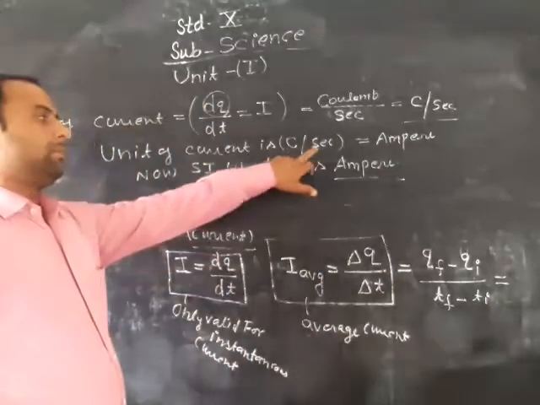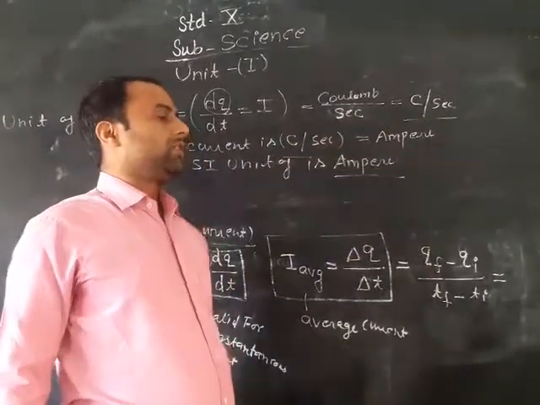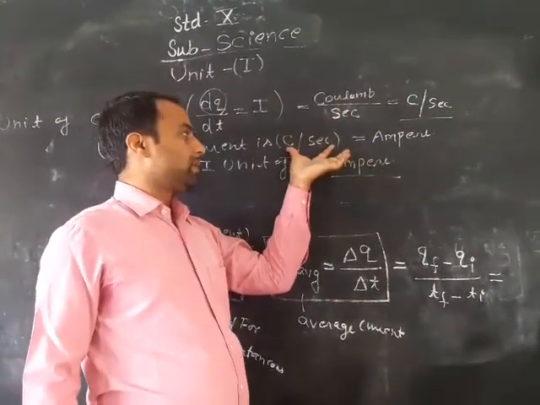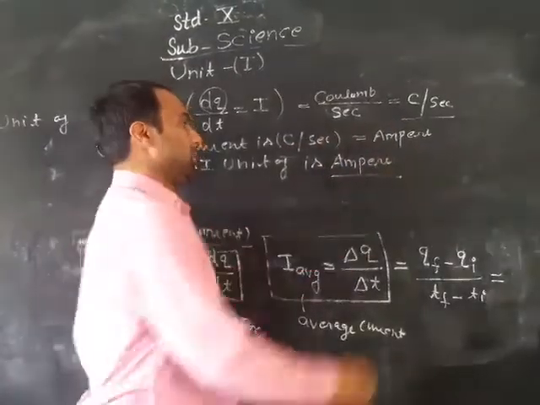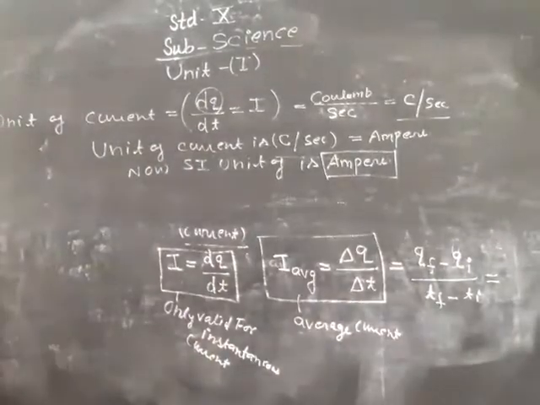We can say that coulomb per second is also right, but since Ampere's contribution to physics is very well defined, coulomb per second is also known as ampere. Generally in books, the unit of current is given as ampere.